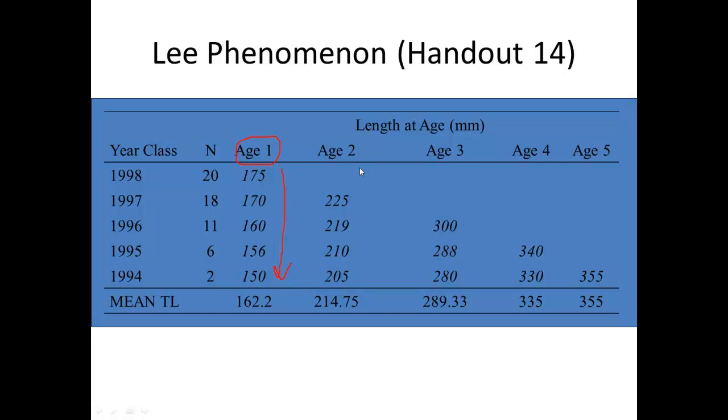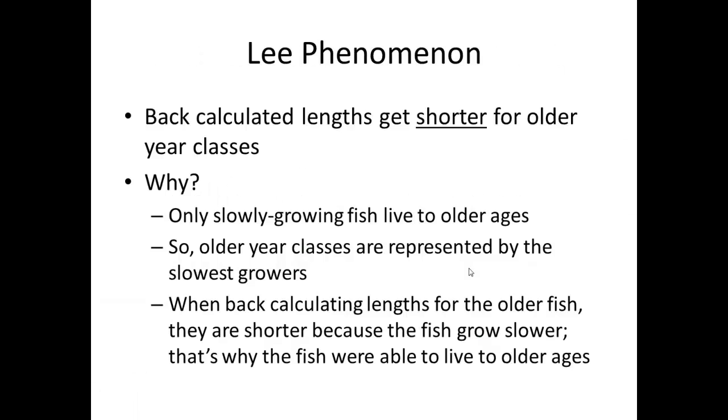And this happens for all ages. If you look at age 2, you see that the back calculated lengths for the older fish at age 2 are less than for the younger fish. And so this happens pretty consistently when doing back calculations, and that's what the Lee phenomenon is. The Lee phenomenon is when back calculated lengths get shorter for older year classes.